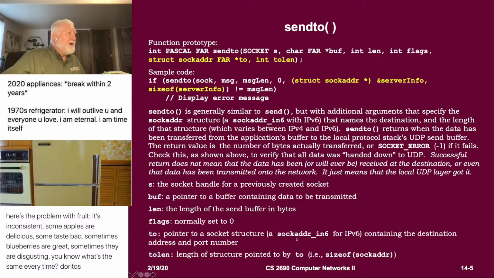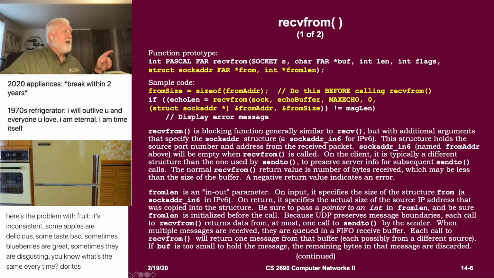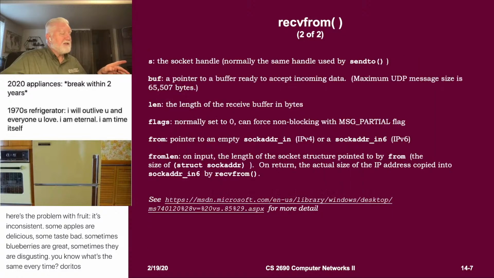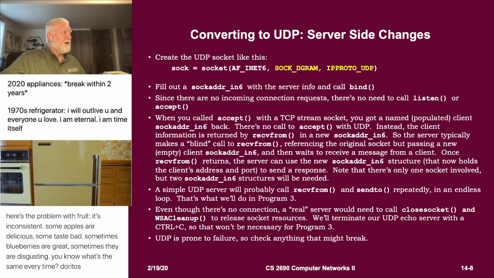Then it's going to give you detailed information about send to and receive from, and this has 2 slides, so 1 of 2, 2 of 2. And then converting to UDP on the server side, this is more information about starting with a TCP stream and converting that to UDP.